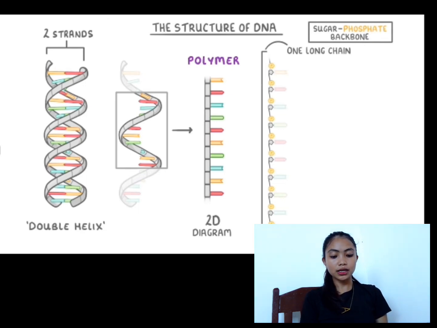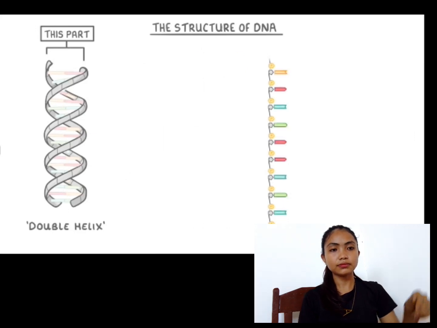And if we look back at our whole DNA molecule over on the left, the sugar-phosphate backbone is this outside part. So it's effectively forming a protective outer casing around these bases in the middle.